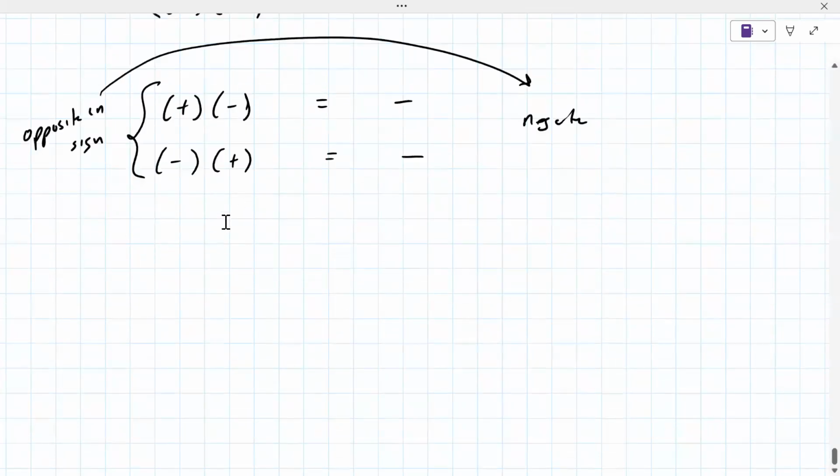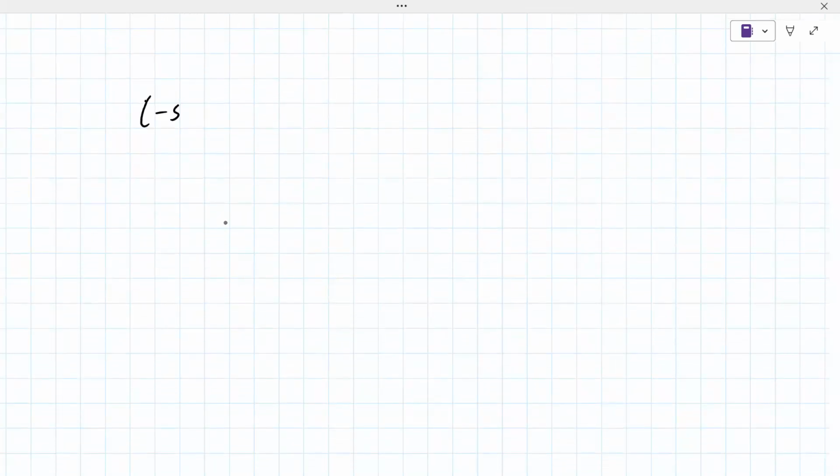All right. So let's try this. What if it's -5 times -3? Notice I'm putting them in parentheses just for my own clarity, but they're both negative. It equals positive 15.